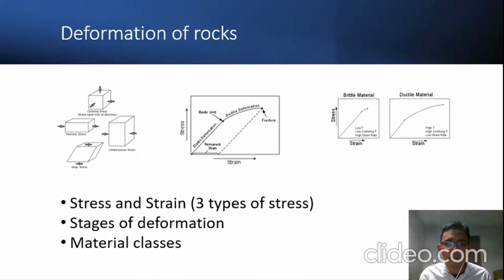But if the stress is not equal from all direction, it can generate 3 kinds of differential stress, which are tensional stress, compressional stress, and shear stress, based on the picture that I put here.